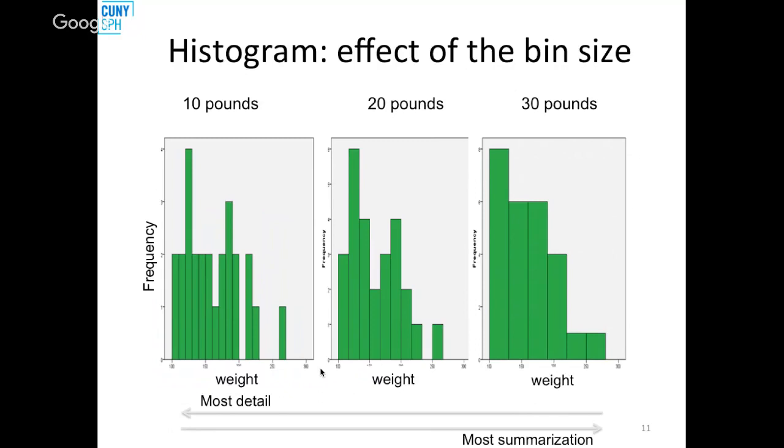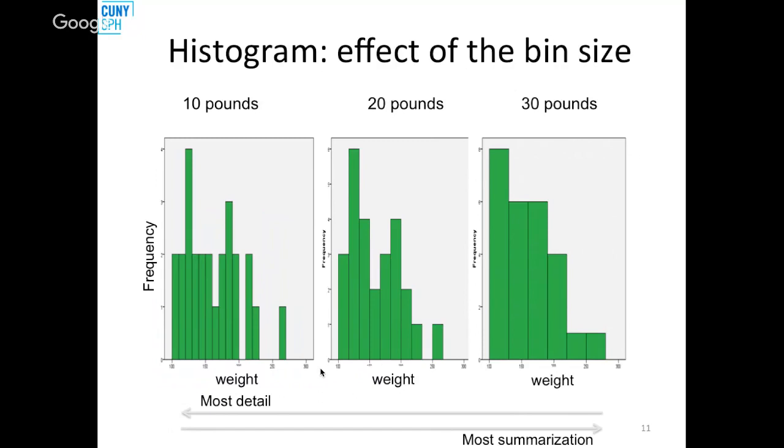because it really affects how you see your data. So in this example, on the right is the most amount of summarization, and it kind of makes this particular data set of weights of people look right skewed. It looks a little bit different in the middle one, where there's a little bit more detail shown.